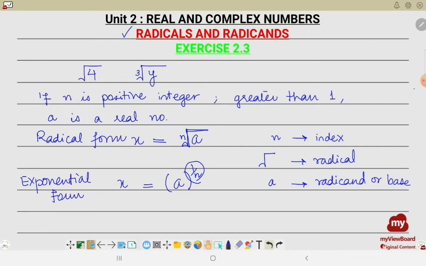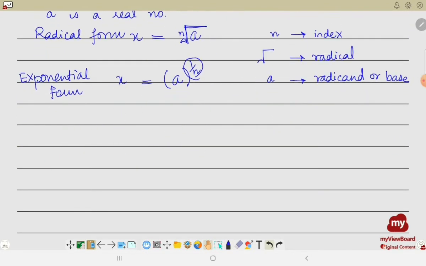Okay, let us give some examples. Let's say we have x is equal to the square root of a, and let me tell you, the square root of a is usually written like this. We don't write the index as 2. It is obvious that if nothing is written over there, then 2 is there.